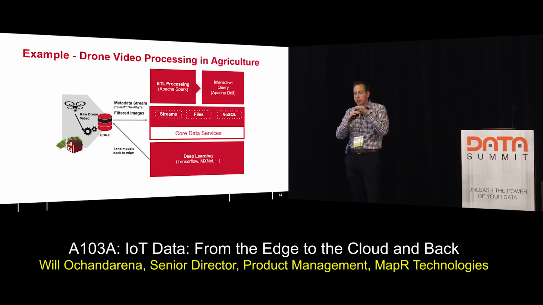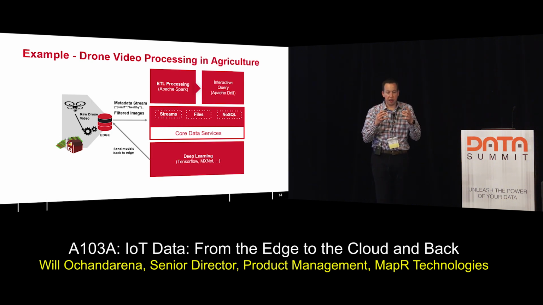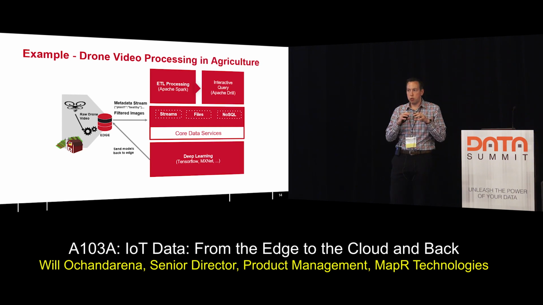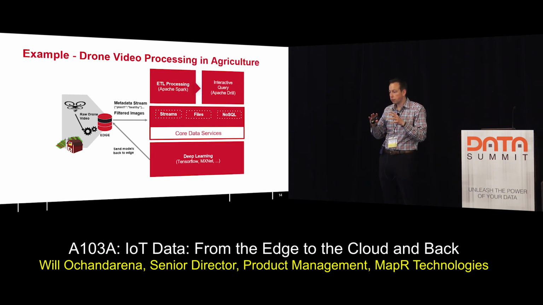The easiest way to summarize video data is to convert it into metadata. So the goal would be to have an image classification algorithm running somewhere local to that drone. Maybe it's on the drone, maybe it's on a truck nearby, wirelessly connected, varies.